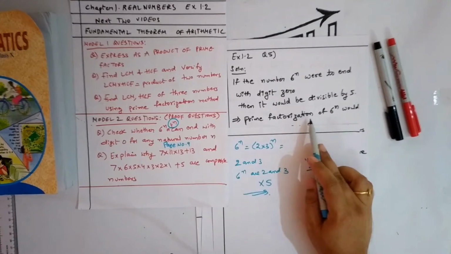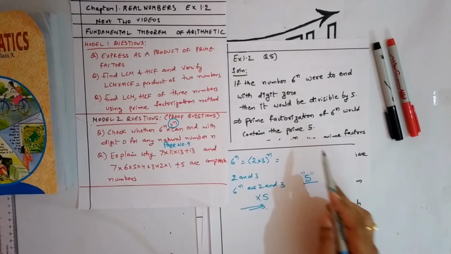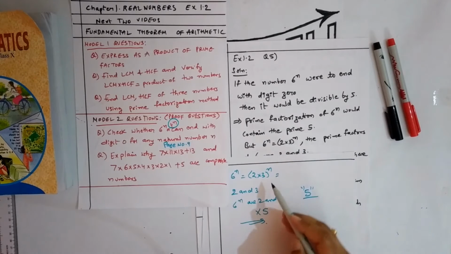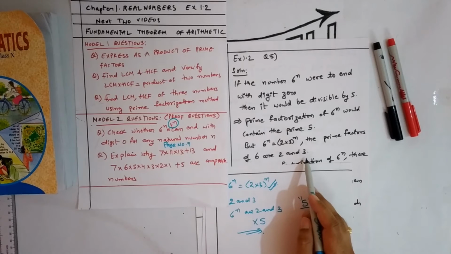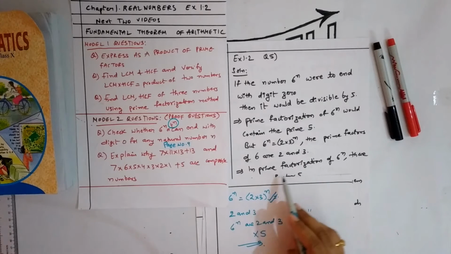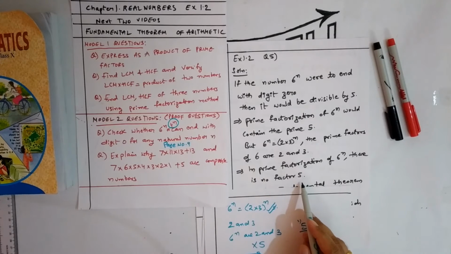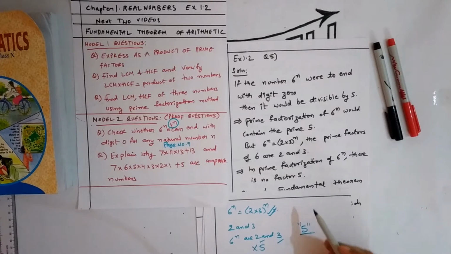That implies the prime factorization of 6 power n would contain the prime 5. But 6 power n is equal to 2 into 3 power n, like what we have discovered. The prime factors of 6 are 2 and 3. In the prime factorization of 6 power n, there is no factor 5. Only 2 and 3 are the factors of 6.